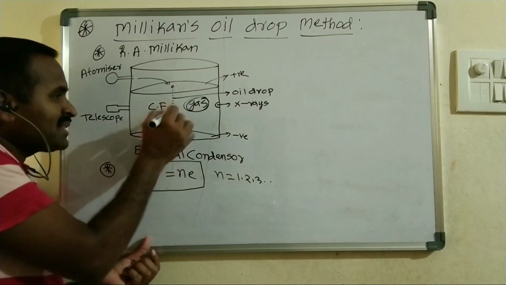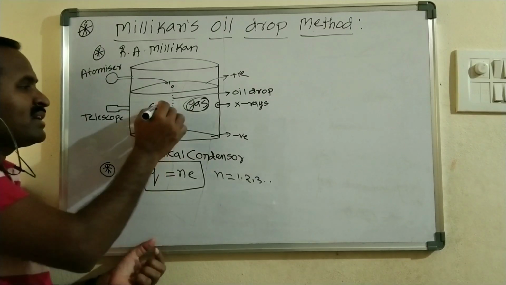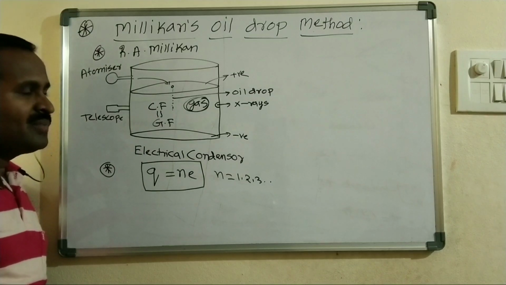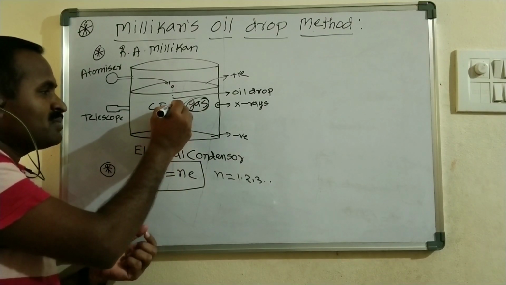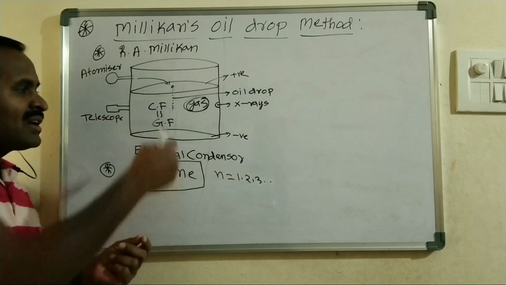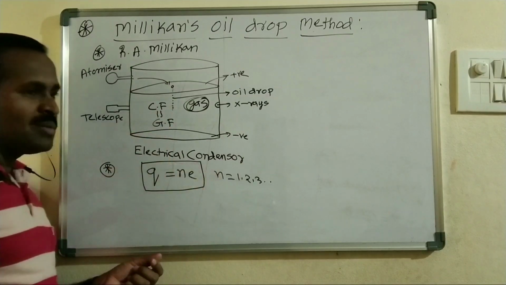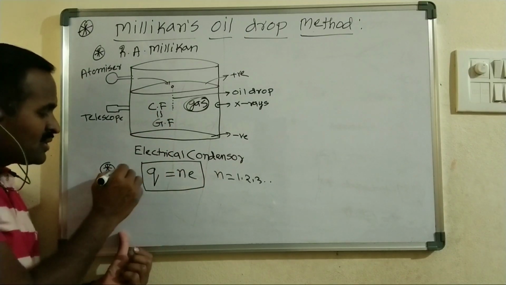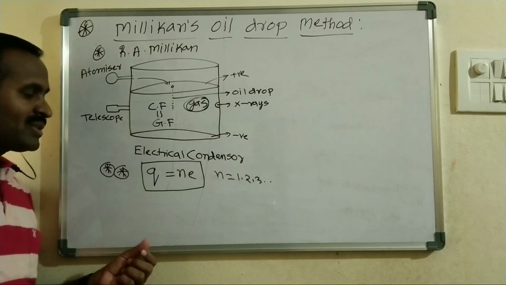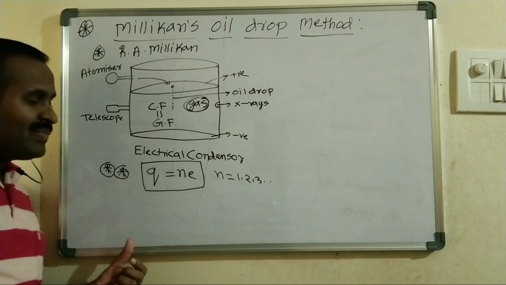It is found that the oil droplet can be made stationary or retarded by making its gravitational force equal to its Coulombic force, and then the oil droplets are going to be stationary or retarded. These oil droplets are taken out, and the electrical charge attained by the oil droplet was observed by the scientist Millikan, and he found that the electrical charge of the oil droplet is always an integral multiple of the charge of the electron.